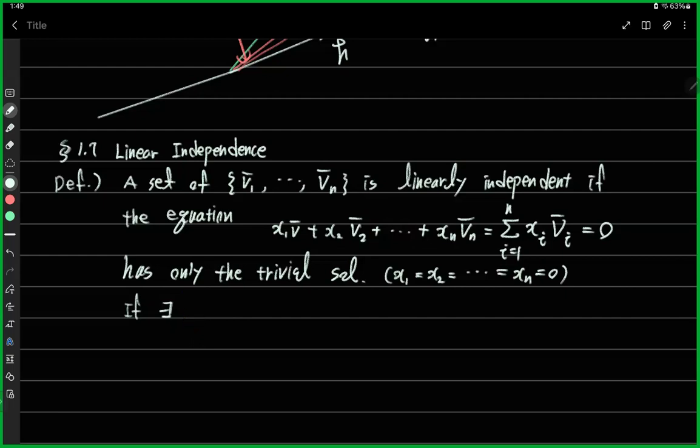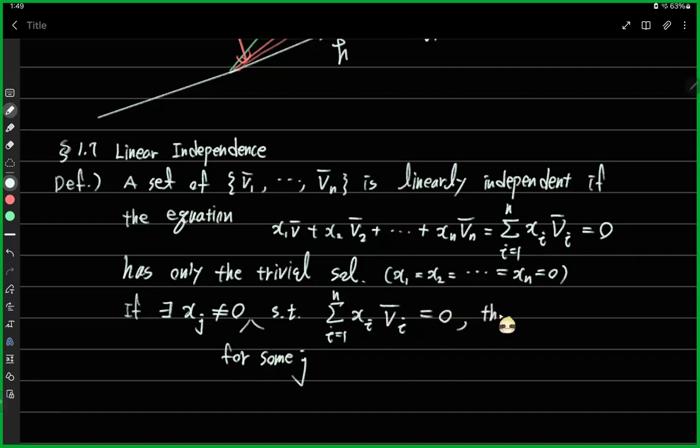If there exists xj which is not equal to 0, such that the sum from i equals 1 through n of xi vi is equal to 0, then what?